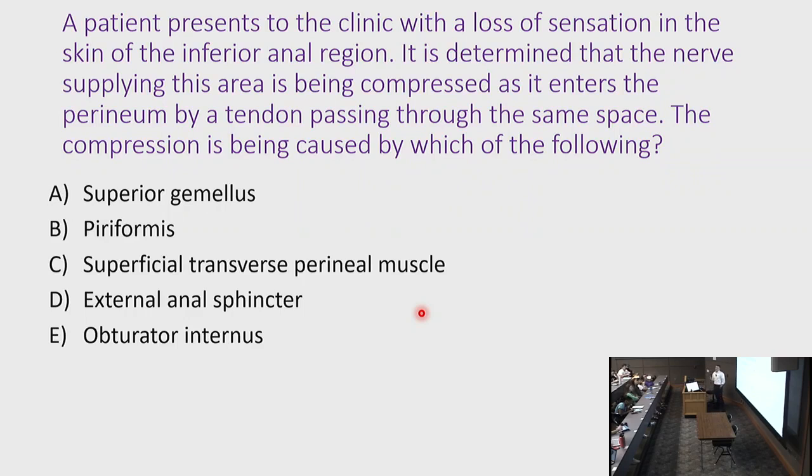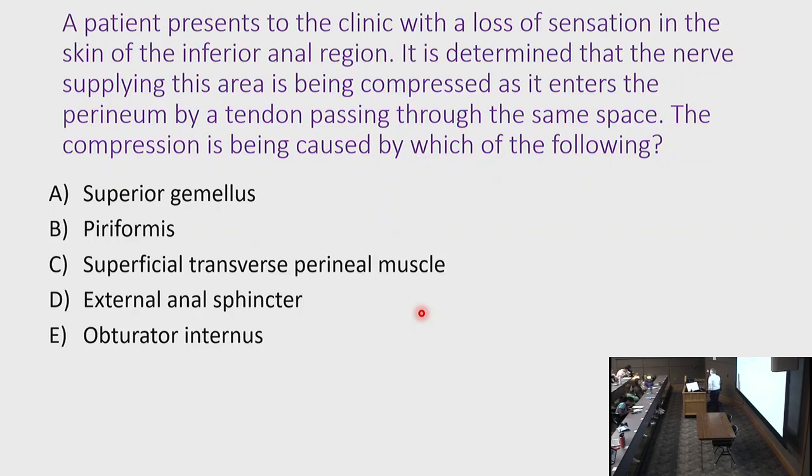So when we get a question like this, we've got to figure out what the heck is Ron trying to ask first. So I'm telling you that the skin of the inferior anal region, the sensation has been lost. So what is the nerve that supplies the skin to the inferior anal region? Inferior rectal or anal nerve, right? Yeah, okay. And then I'm saying that the nerve is being compressed by a tendon that passes through the same space.